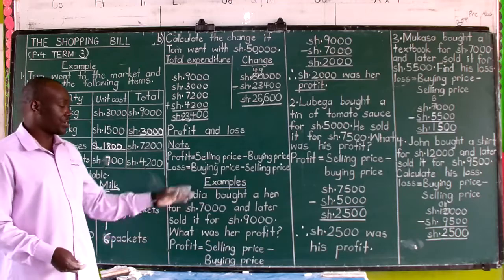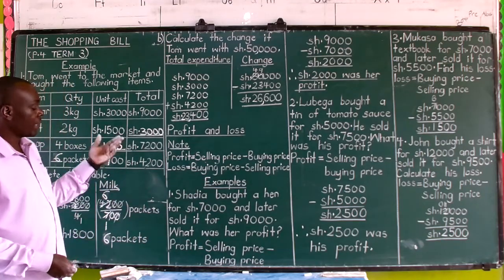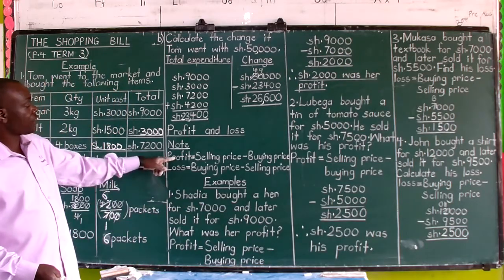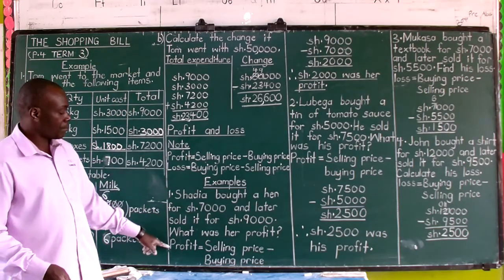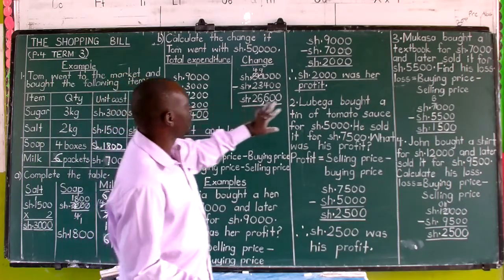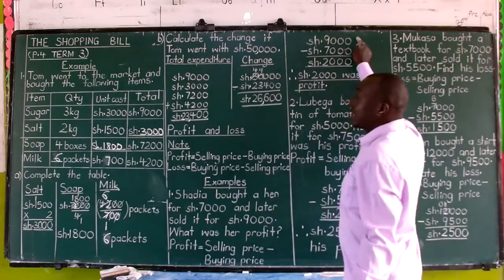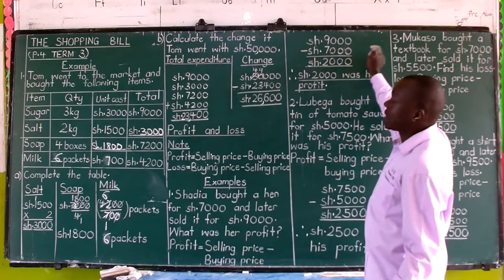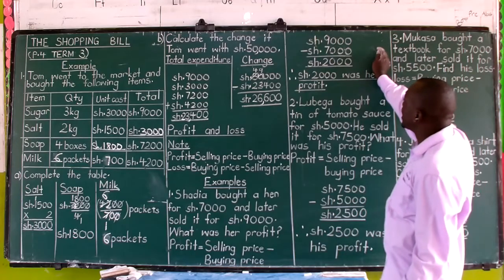You see, this person must be getting a profit. So the question asks what was her profit. So use that formula here, that is profit equals selling price minus buying price. So you subtract: the selling price was 9,000 shillings, the buying price was 7,000 shillings.